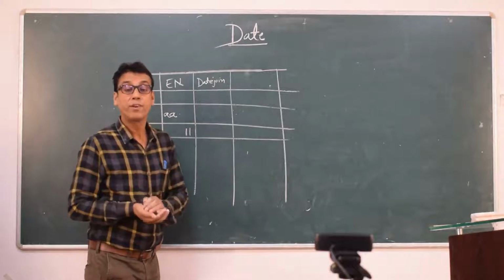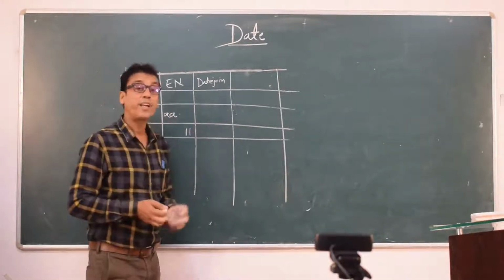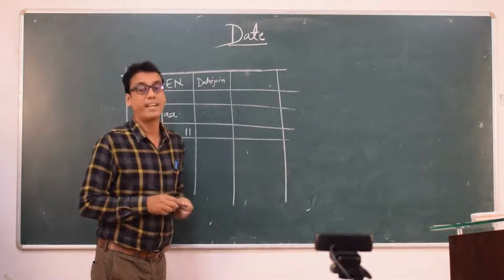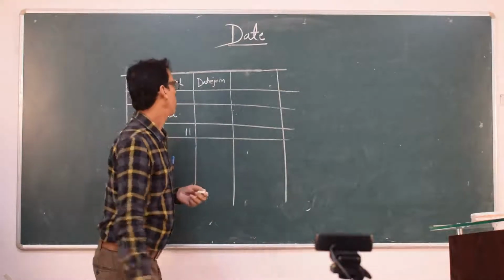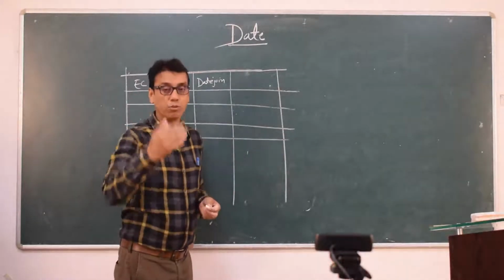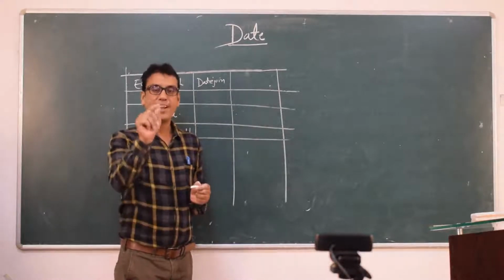So if there is a stratification between string and number, then obviously there will be a special focus on date. So how do you enter date? I strongly advise you, there is a function to enter date.